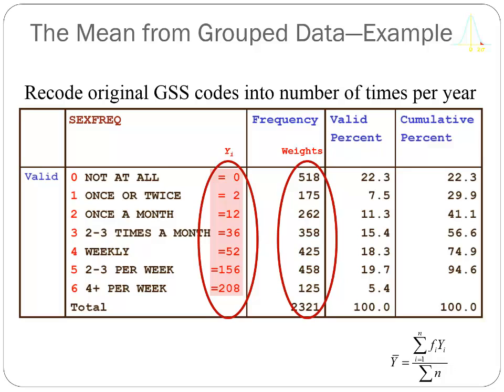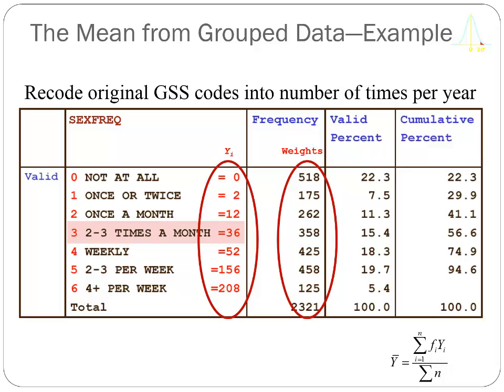Now, this is a little recoding, and what I'm trying to do is create a new variable that's quantitative and represents sexual frequency per year. So let's take a look at the category labeled 4, or weekly. While the computer, in this SDA, currently believes that weekly is equal to 4, I can recode all the 4s to be equal to 52, which means once per week. Look at the category labeled 3, 2 to 3 times a month.